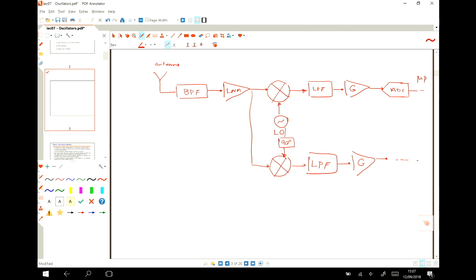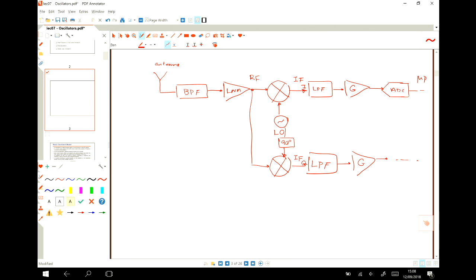So why do we use I and Q? So this is your RF signal, and this is your IF, for example, IF of I and IF of Q. Why do we use IQ signals? I mean, why are these two more important?